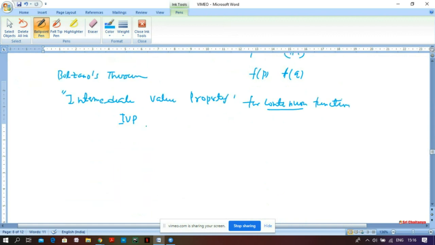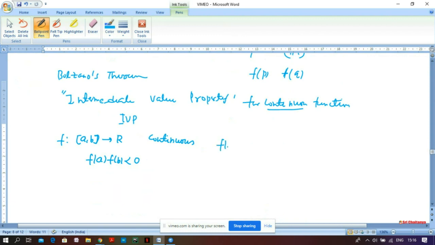So we'll say like this: suppose f from [a, b] to R is continuous, so it is continuous on a closed interval. And suppose f of a times f of b is less than 0, meaning f(a) and f(b) have opposite signs.